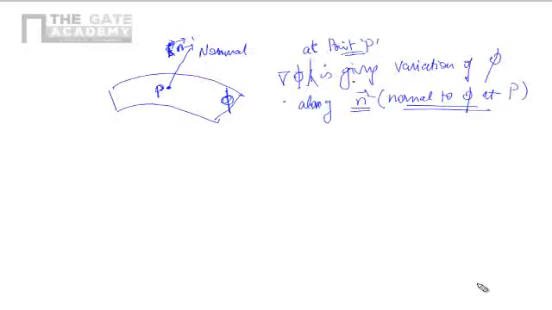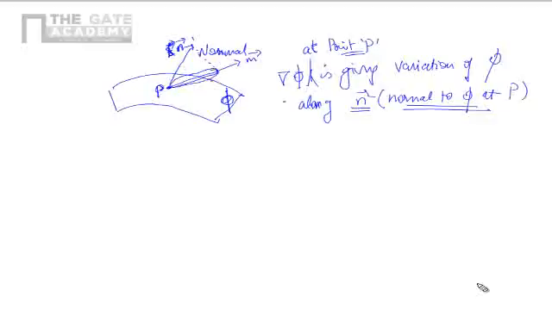And del phi is going to give me the variation of phi along the n vector. Now let me say there is some m vector in this direction. If you know the variation along the normal and you want to know the variation of this phi along the direction of m, you simply project this on m. So this will be the variation of phi along m.